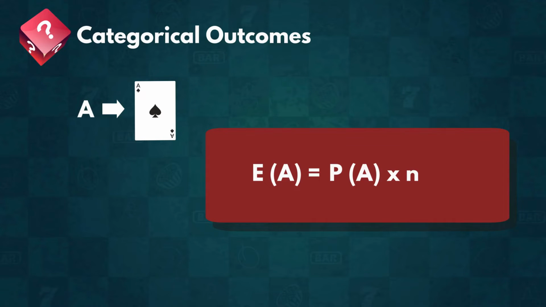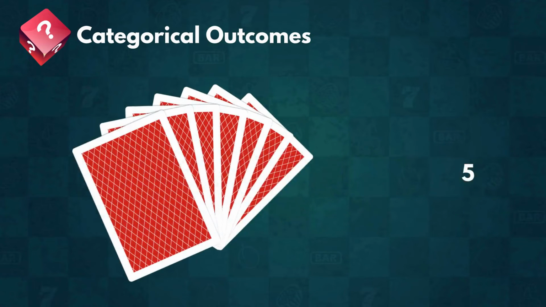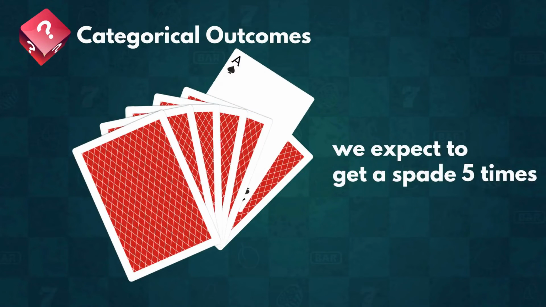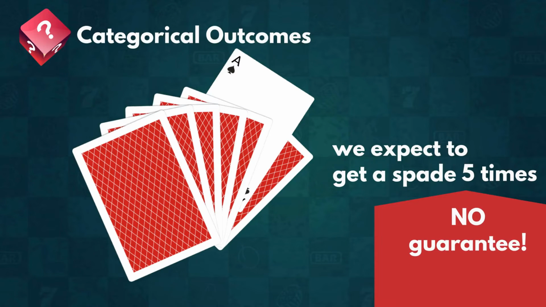It is equal to 1/4, or 0.25. If we repeat this action 20 times, the expected value would equal 0.25 times 20, which equals 5. An expected value of 5 means we expect to get a spade 5 times if we run the experiment. However, nothing guarantees us getting a spade exactly 5 times. Realistically, we could get a spade 4 times, 6 times, or even 20 times.